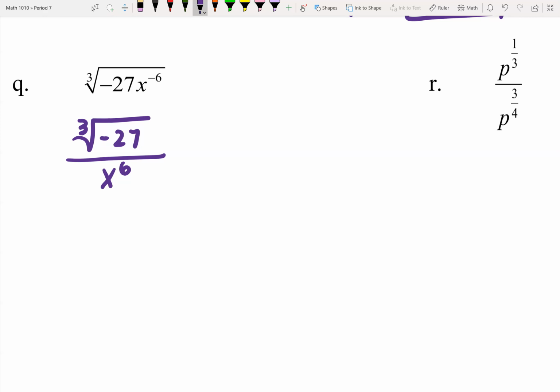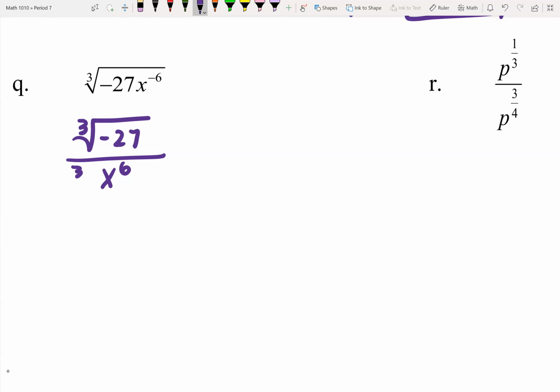Who's pretty sure they know why? Okay, go ahead, sweetie. You need to do a cube root on the bottom. Yeah, the x to the -6 is in the root. So when you pull it down, it's still in the root. Good. I love how confident you are. I love it. Keep doing that.